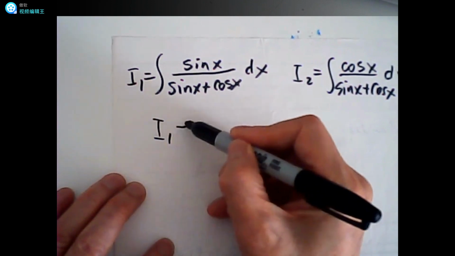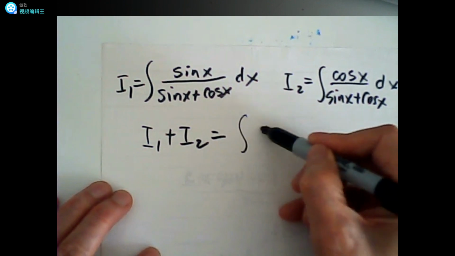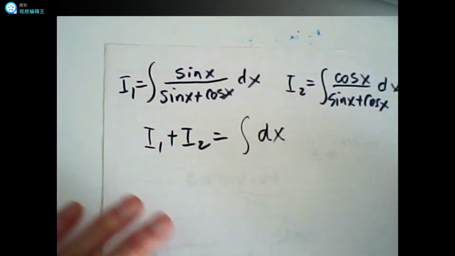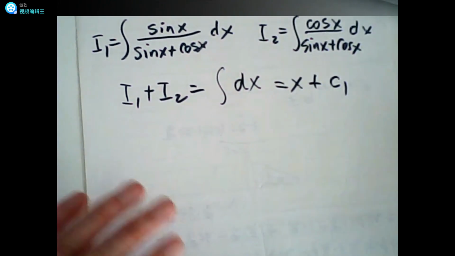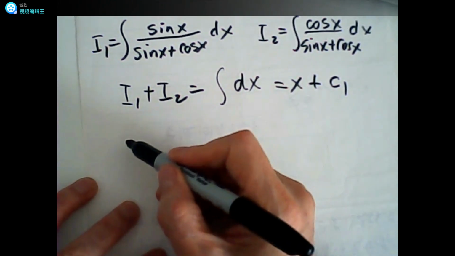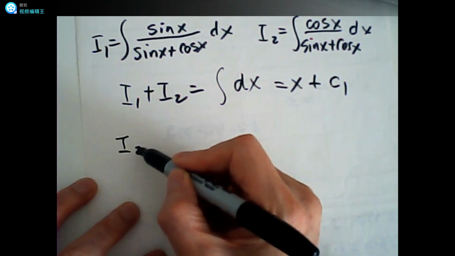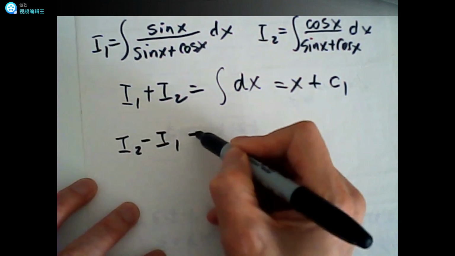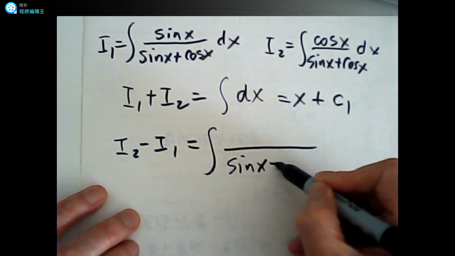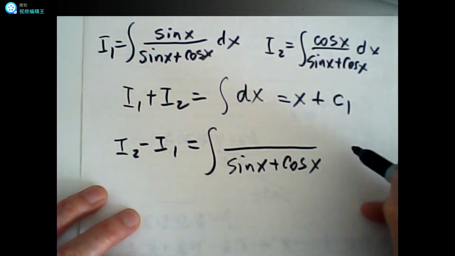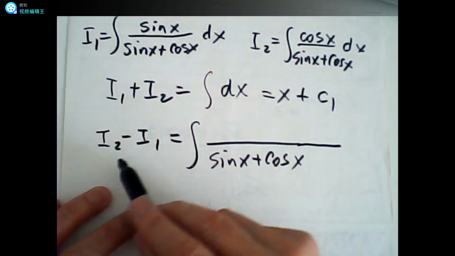Then I1 plus I2 will be this, right? Because numerators cancel out. So this is x plus c1. Okay, very easy. And I2 minus I1. This would be cosine x minus sine x, right?